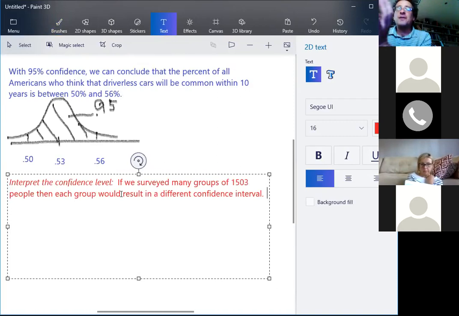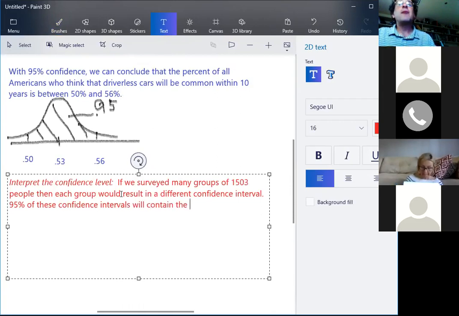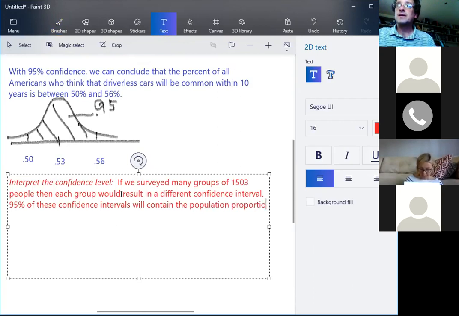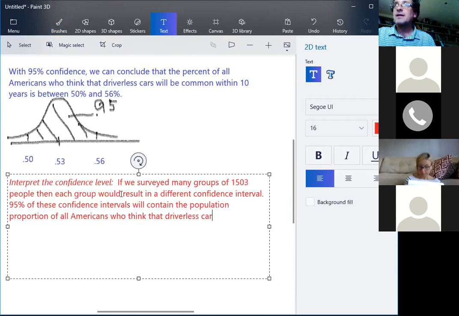Others will be unsuccessful and miss it. So we can say that 95% of these confidence intervals will contain the population proportion of all Americans who think that driverless cars will be common within the next 10 years.